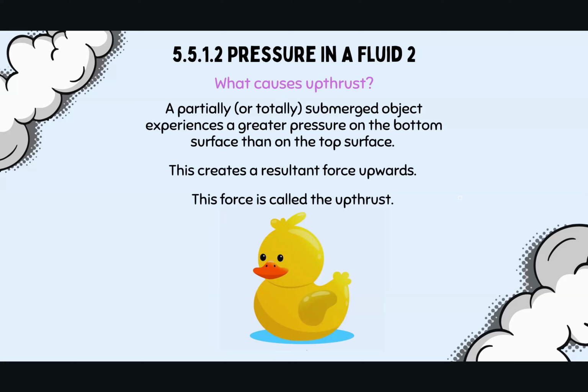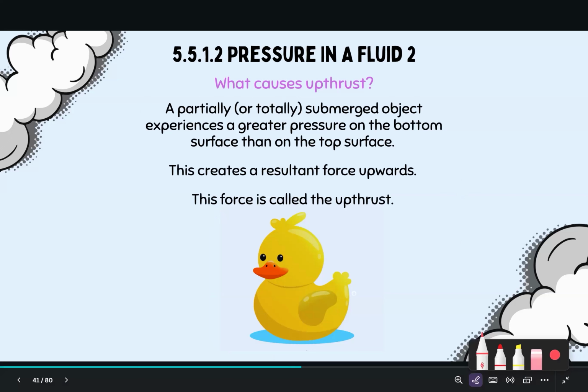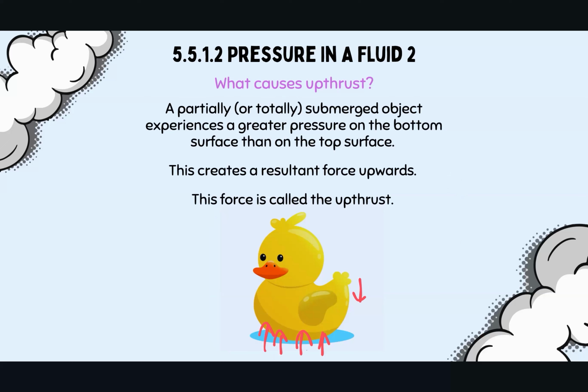So when something is being forced downwards, then as it moves down, all the water particles that it's going past are pushing it back upwards. Opposite direction but equal in size. So that causes an upthrust.